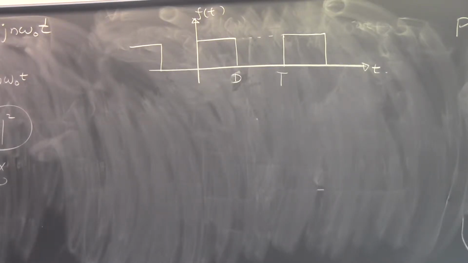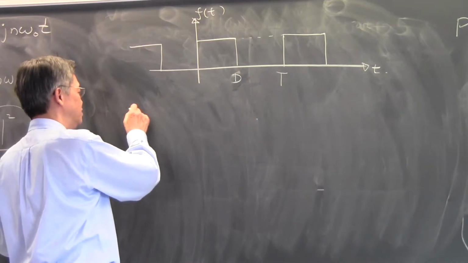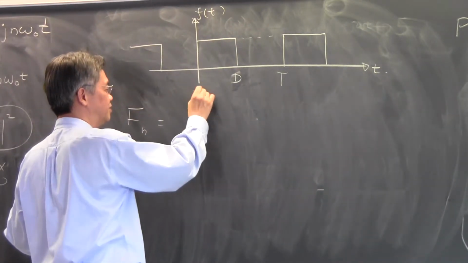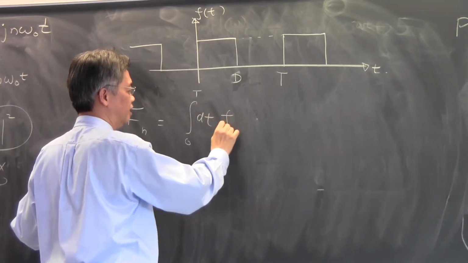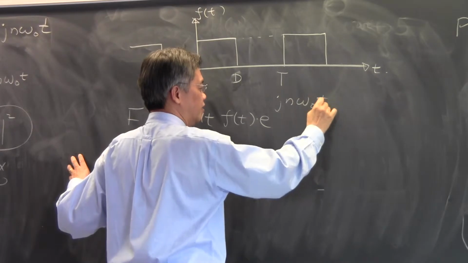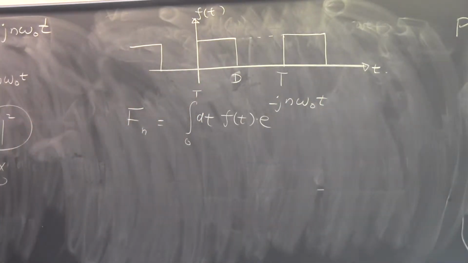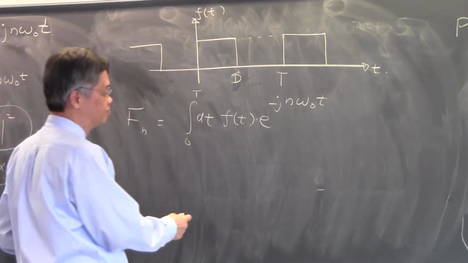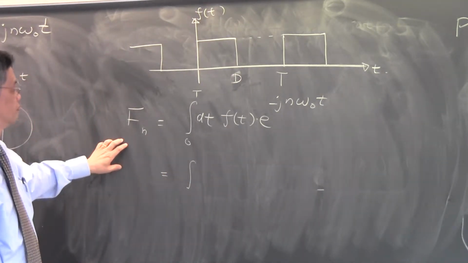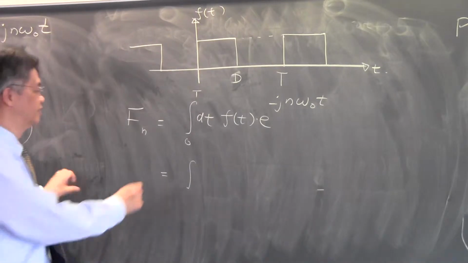Okay, so the coefficient would be given by the integral from 0 to T of f of t times e to the j n omega naught t, dt, and this would be 1 over T, right?